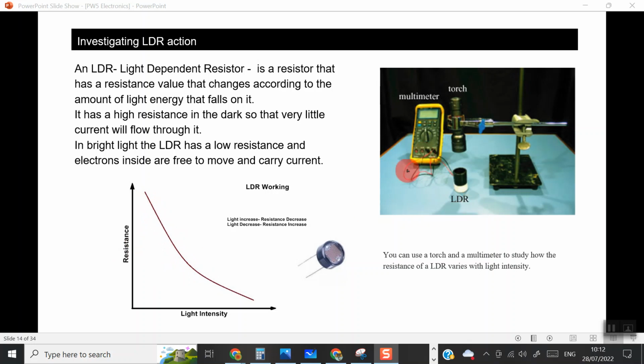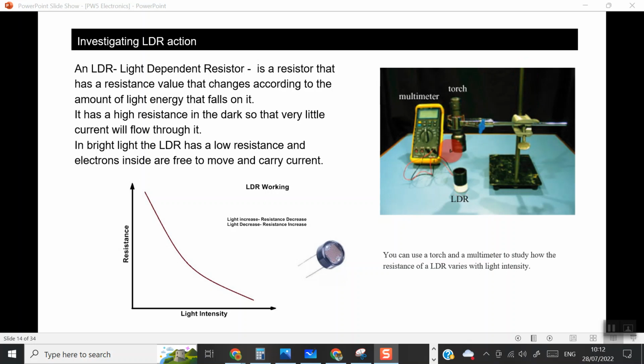And you can have a setup like this, and we might look at something like this in the lab. You can use a torch and a multimeter to study how the resistance of an LDR varies with light intensity. So you can set up a light-dependent resistor and connect it up to a multimeter, and that will measure the resistance. Then you can have a light source attached onto a stand, and you can vary the distance of the light in relation to the light-dependent resistor.